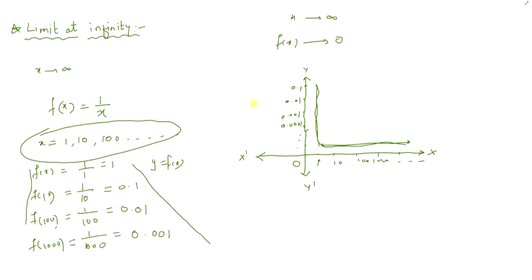Isn't it? So, here y tends to 0. So, as x tends to infinity, f(x) tends to 0. Are you getting this one? And if we make a table of the values of x, here you can see f(x) is 1 by x.